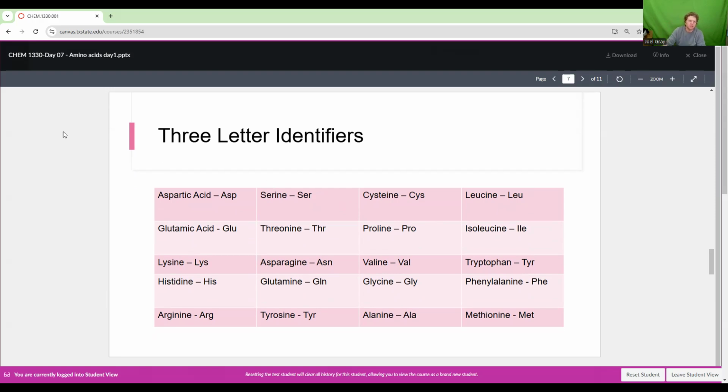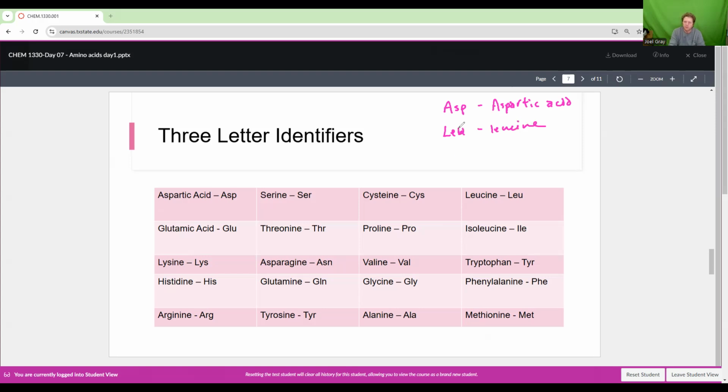So a question like this would run something like this. We've got, let's say, ASP for aspartic acid. Then we've got LEU, leucine.